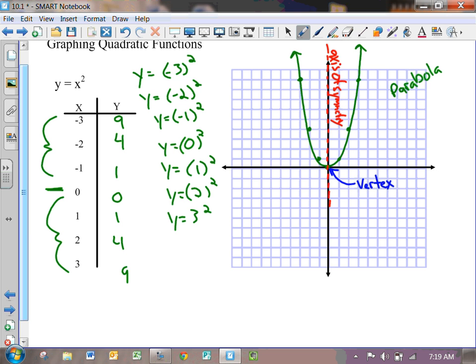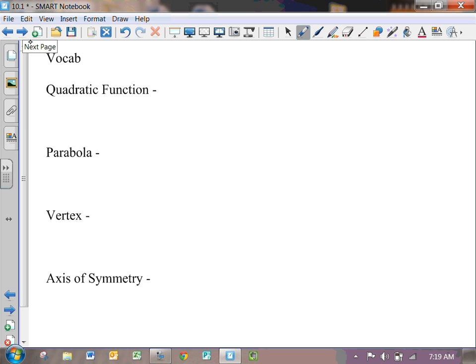So we're going to look at some vocabulary for you just so that we can get you saying the right things and how they're said. So the first one, quadratic function. It's a second degree. We talked about degrees last time. Something has to have an x squared, the second degree.